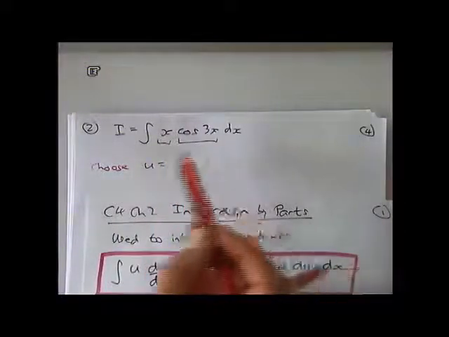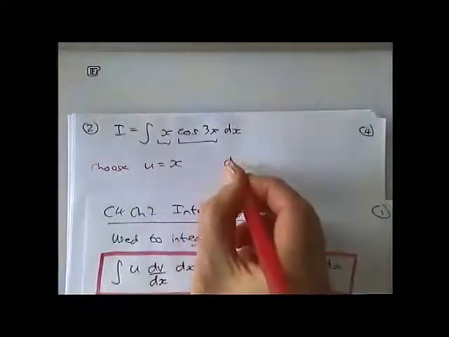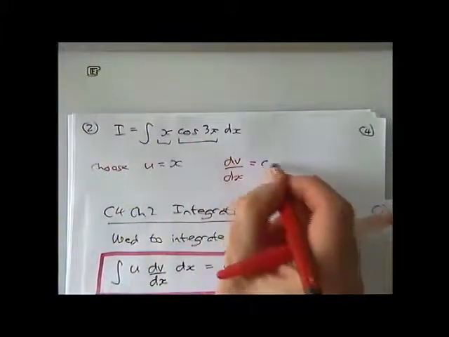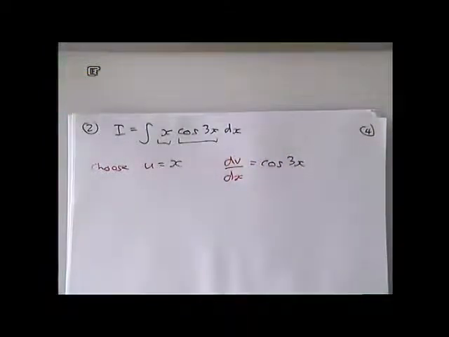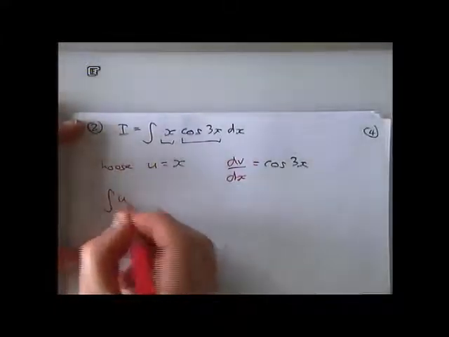X. Okay. Then I've got to choose my dv/dx. Well, that's got to be the other bit, so that's my cos 3x. Okay. I'll just write the Redbox rule down again so we can see what's going on.